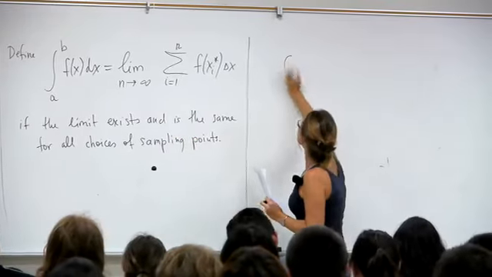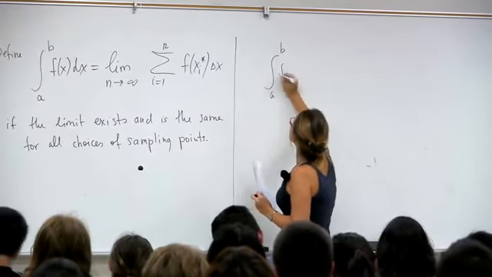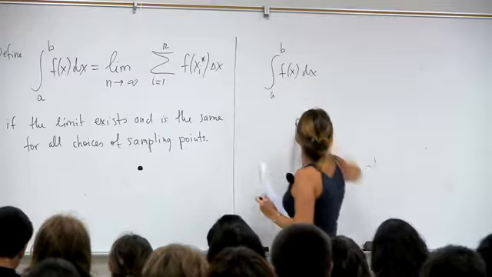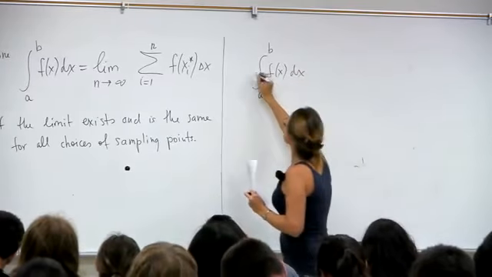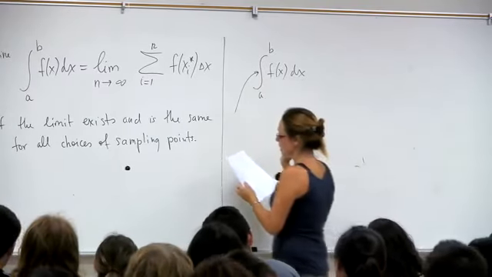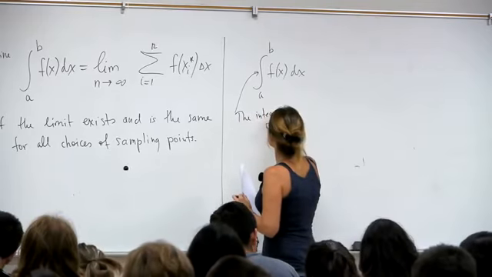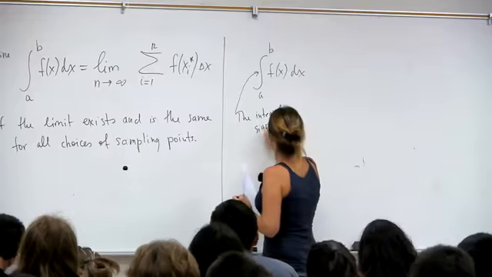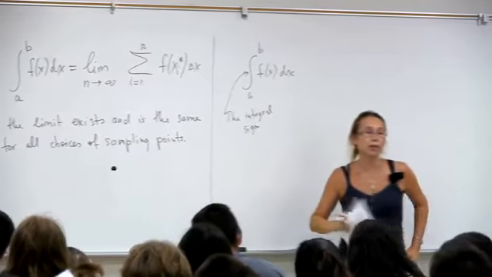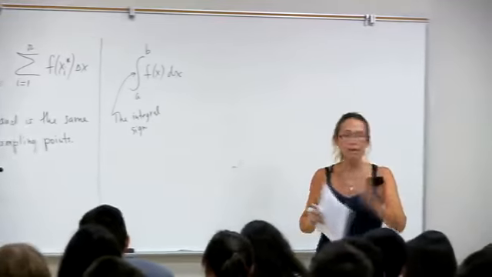So let's look at this new symbol and talk about its components. First of all, this is the integral sign, and it looks like an elongated S. Why S?